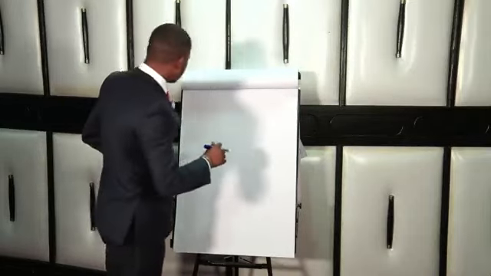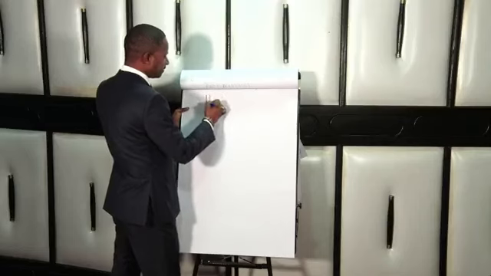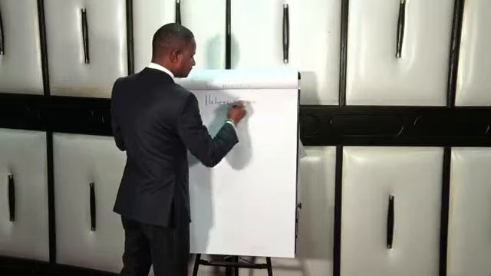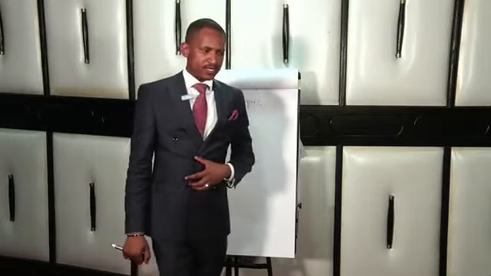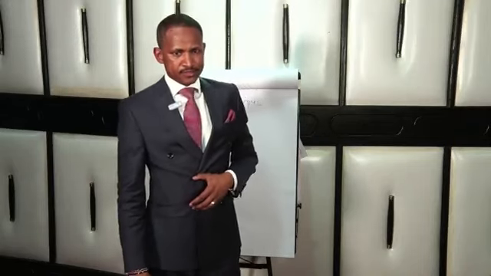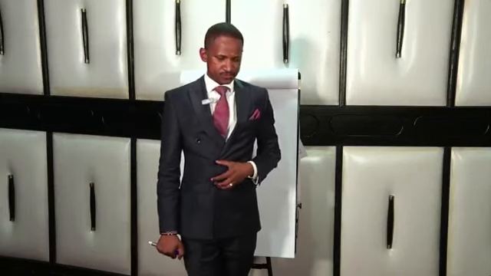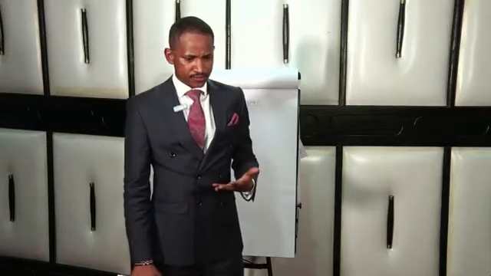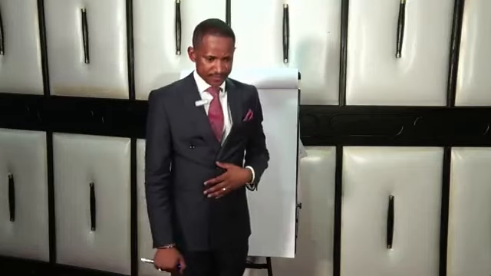The next topic that we can do is what we call habeas corpus. A habeas corpus application is an application that is made by an applicant through chamber summons, and the reason why it is made is that this person probably was arrested by the police.